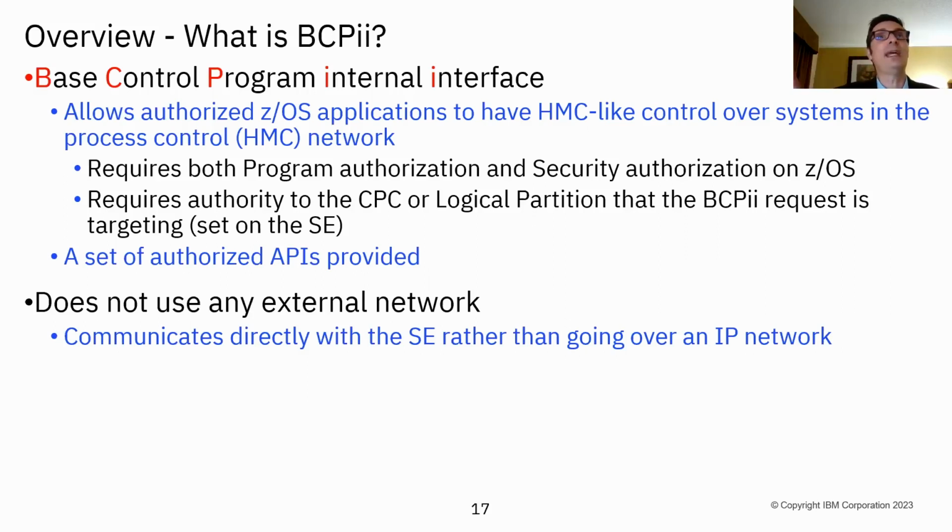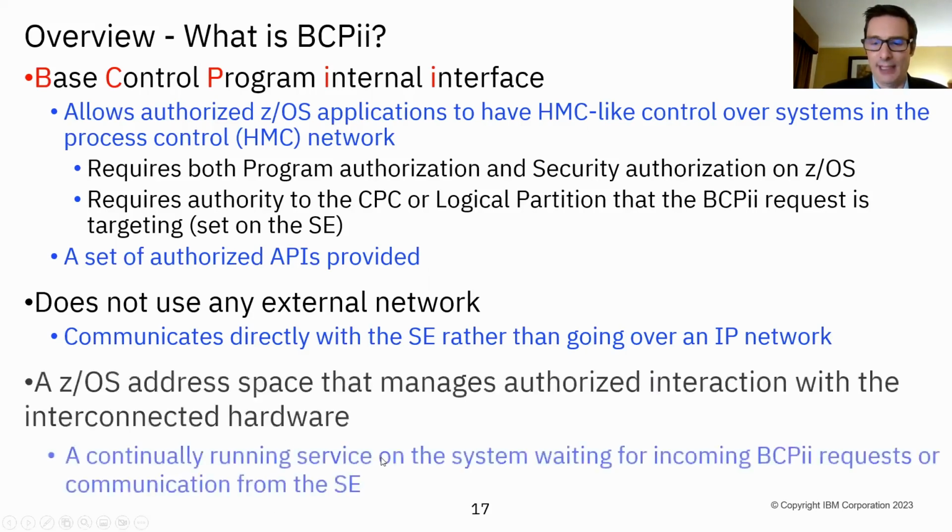There's no need to open your HMC to an outside network or anything else to use BCPii. I can run my application and have control over that hardware without ever going through any networking on the system. So this is a very important design point, and it's why BCPii has gained a lot of popularity over the years, because of this direct connection.